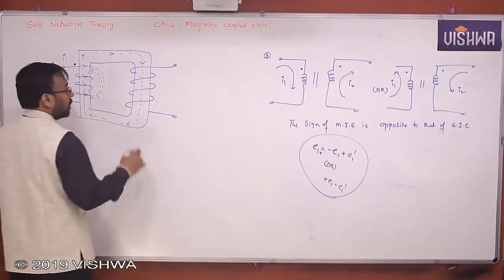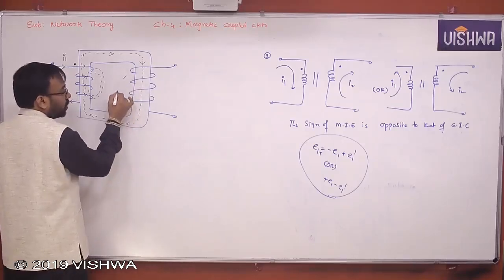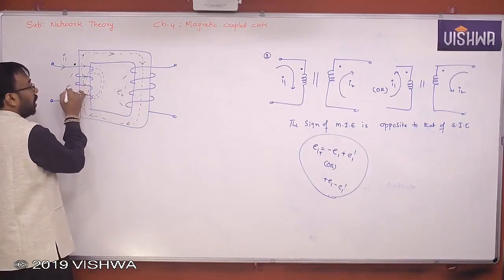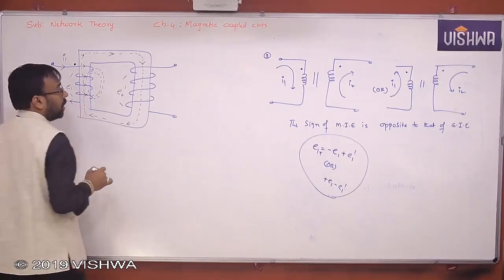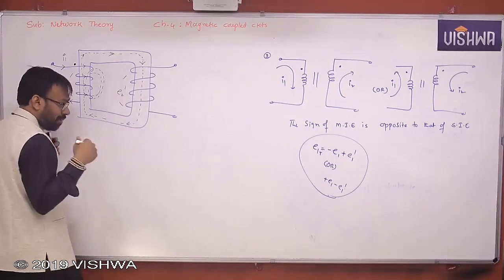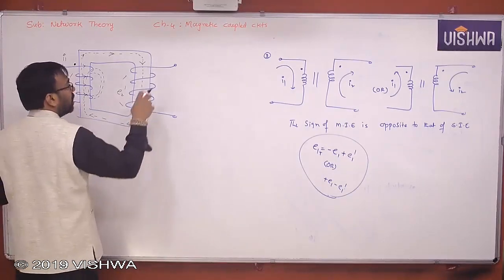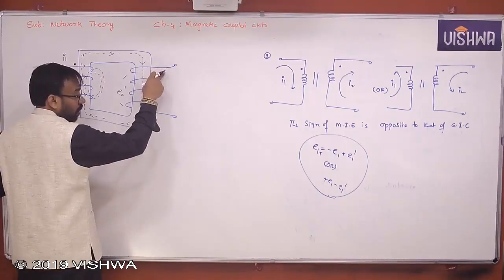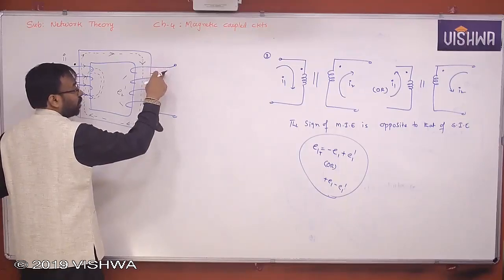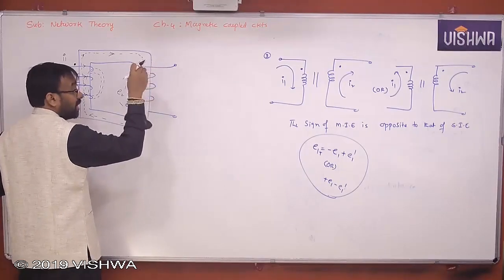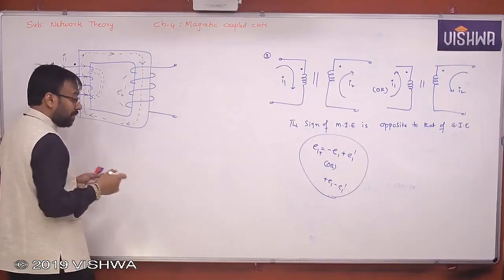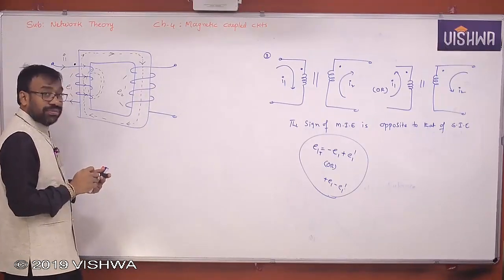Now there was some EMF induced here. What is this called? E2 dash. What about this one? E1. Yes or no, all of you? Now because of this E2, my responsibility is to find the current flowing through this particular coil. But to identify the terminal where the current leaves, I must know the flux. The same right hand thumb rule I would like to use.